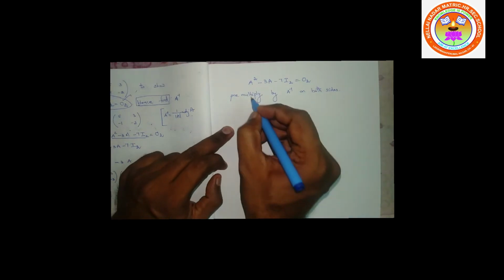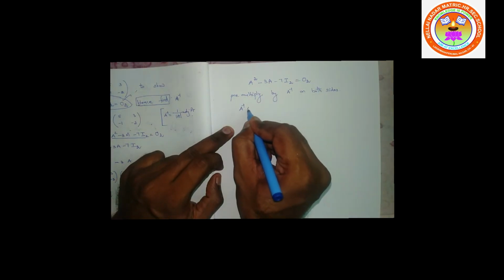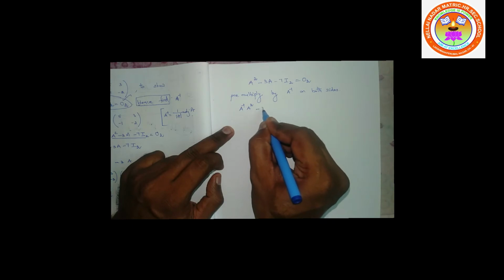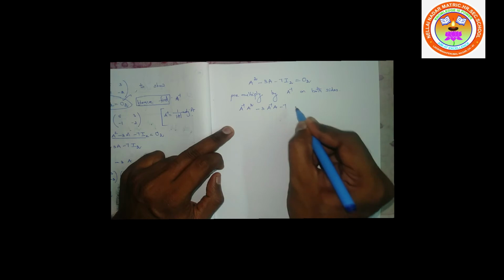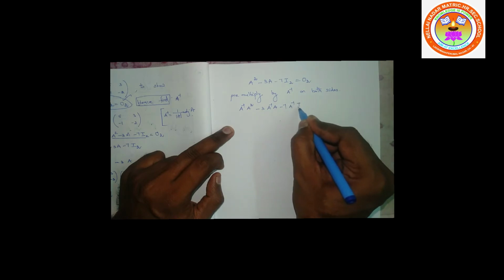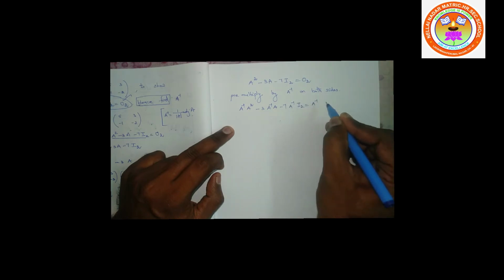See here, how are you going to multiply? A inverse A square minus 3 into A inverse into A minus 7, A inverse into I2, A inverse into O2.